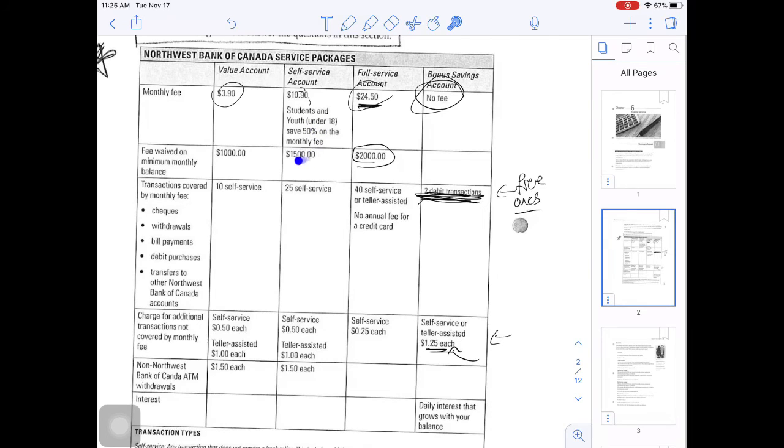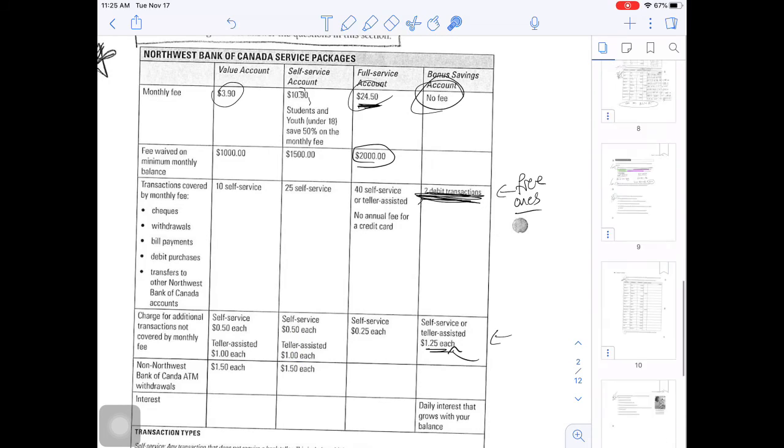But it looks like if they have a monthly balance of $1,500, that monthly fee is not applicable. It looks like they get 25 free self-service transactions, okay? And if we see here, after 25 of them, a self-service costs 50 cents and a teller costs $1.